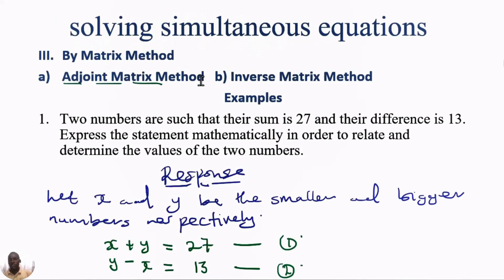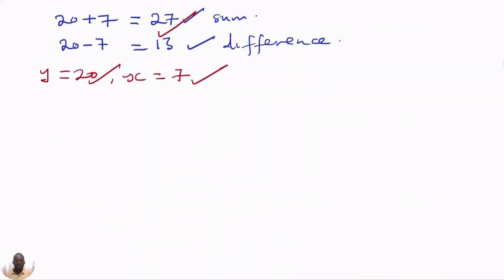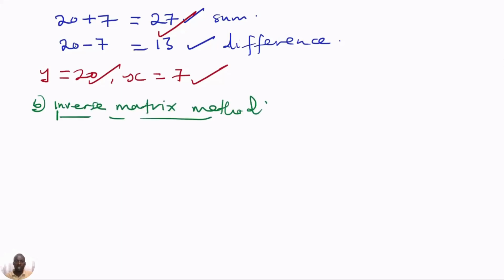Let us try to solve it using the inverse matrix method, the very example we have. In here, we are going to simply begin from the matrix we formed, or the equations we represented in matrix format. So this is part B, and we are using the inverse matrix method. Simply from our simultaneous equations, but in matrix form, we had this, then x, y equals to the 27, 13.